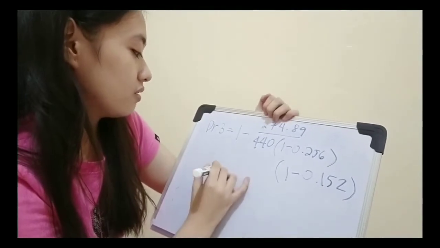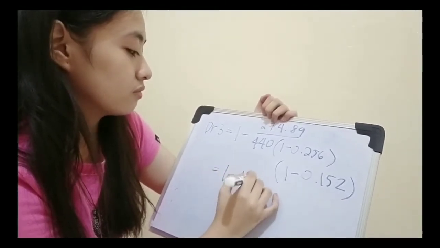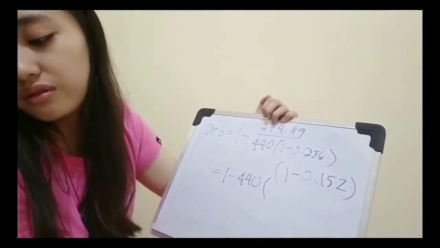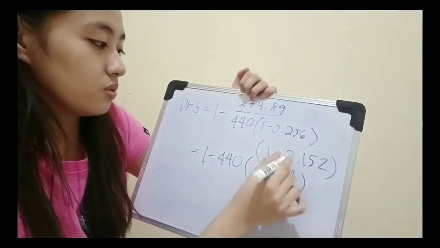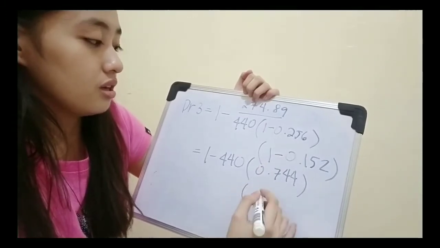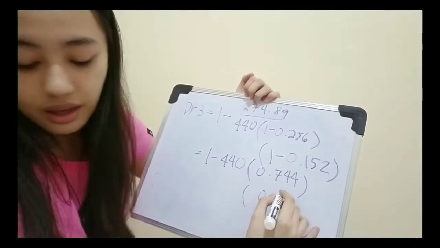And to simplify, 1 minus 0.256 ay 0.744. And this one naman ay 0.848.